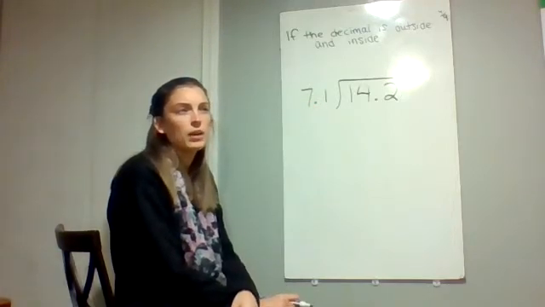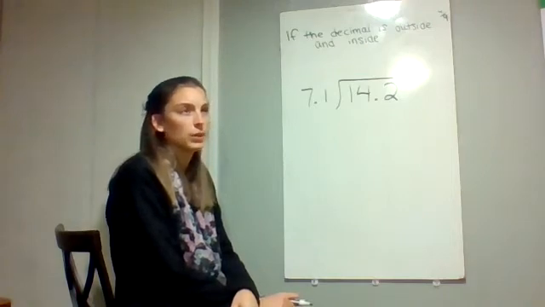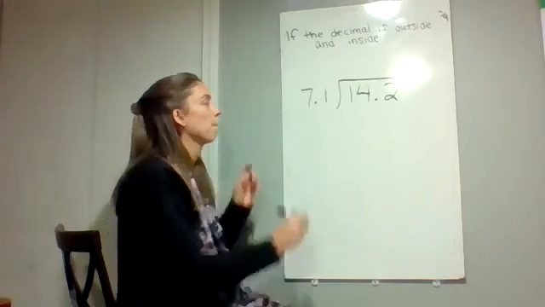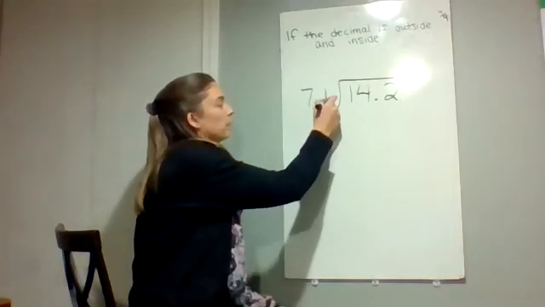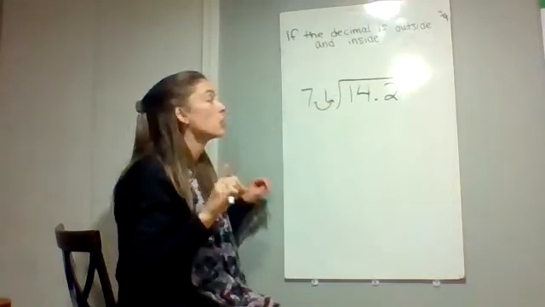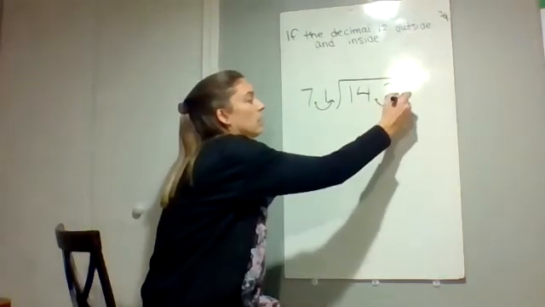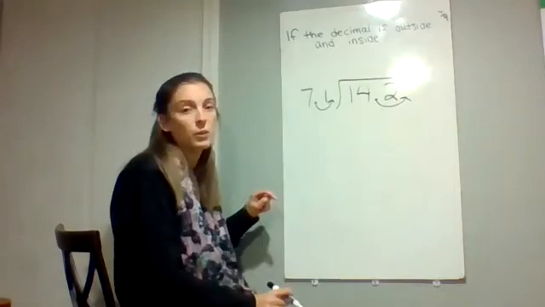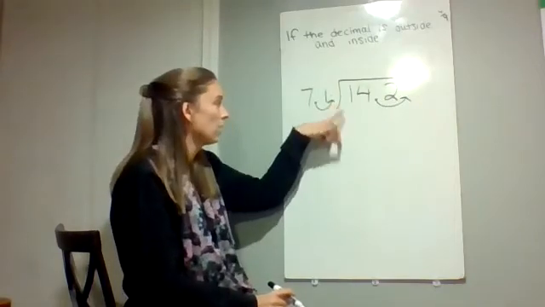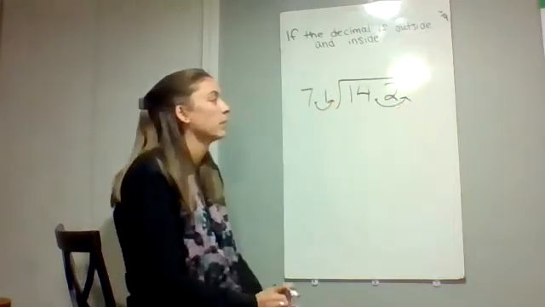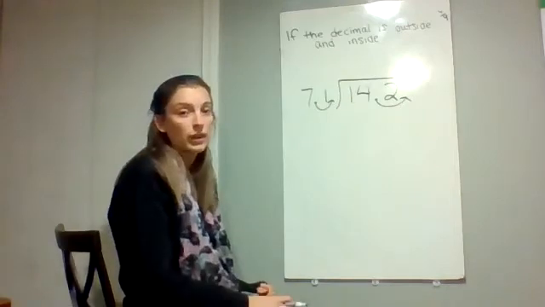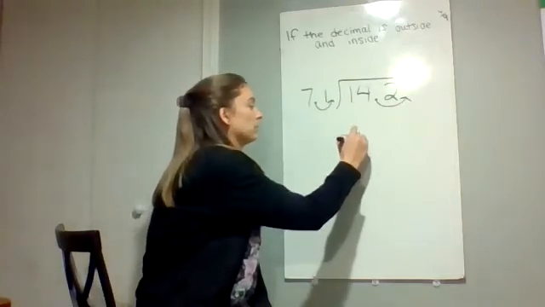How many times do I have to swoop the decimal to make this a whole number? Once. So whatever we do with the outside, we do to the inside. That's another way to say slide, slide. Go ahead and rewrite your problem in your notebook.